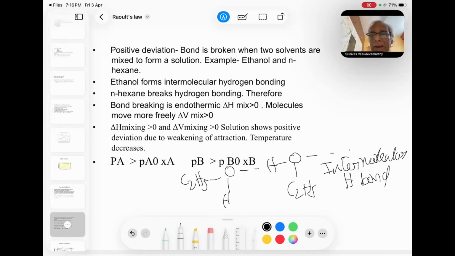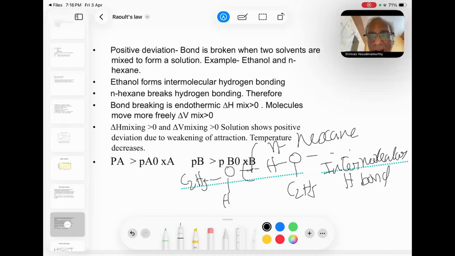Now I'm adding n-hexane, another solvent, to form a solution. Now what happens? N-hexane breaks the hydrogen bonds in ethanol. It comes in between the hydrogen bonds. It is breaking the intermolecular hydrogen bonding formed by ethanol.